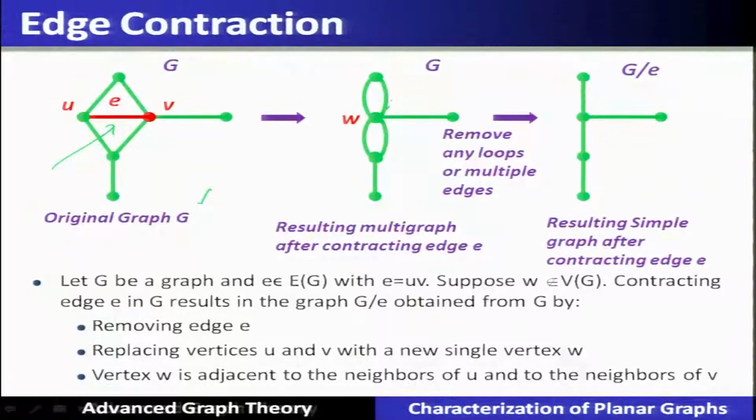That is called edge contraction, and all the other incident edges will remain intact. So, this becomes loops, and this becomes multiple edges between these two endpoints. If we remove the extra edges, we will obtain a simple graph out of the edge contraction.